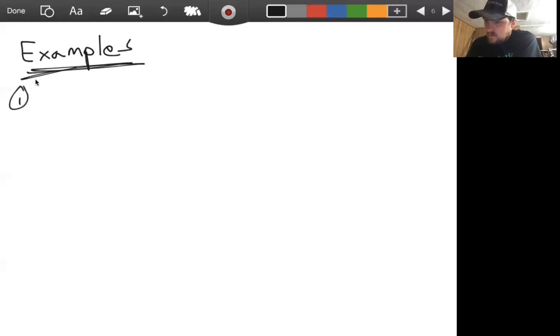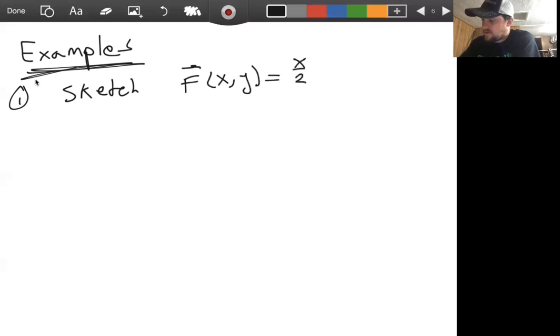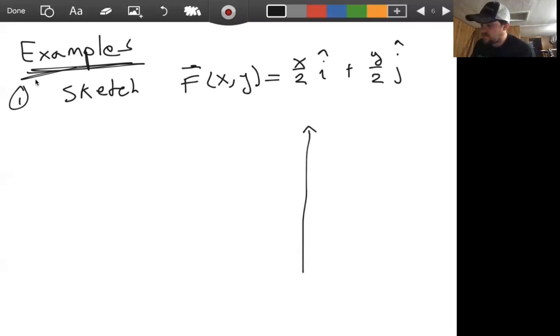So here's the first one. Let's sketch the vector field f of xy equals x over 2 i hat plus y over 2 j hat, right? And so you can see this is a function here, right?